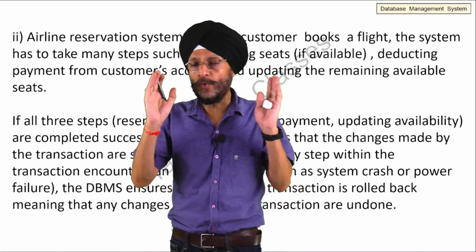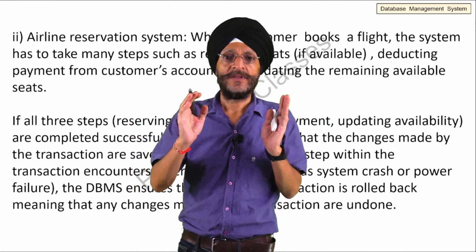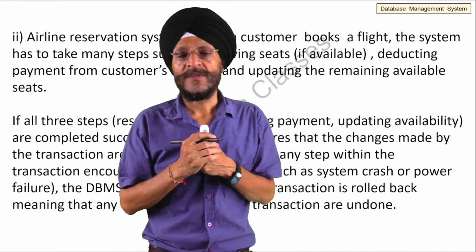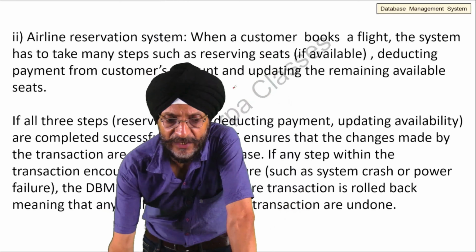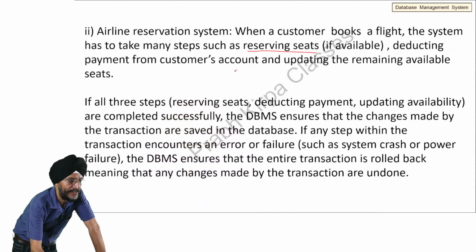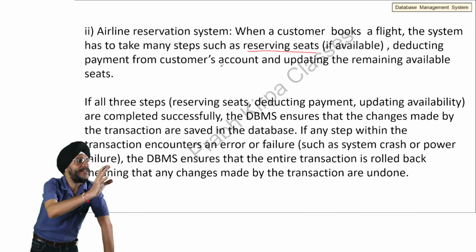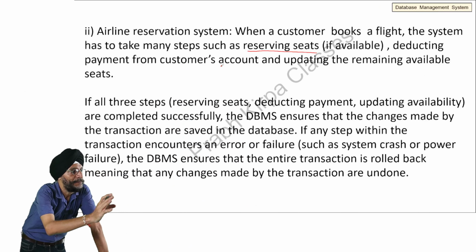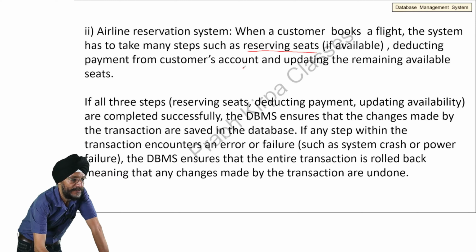When you book your ticket for a flight, this transaction involves some steps, that is, reserving tickets. You open the online site and reserve the seat if it is available.